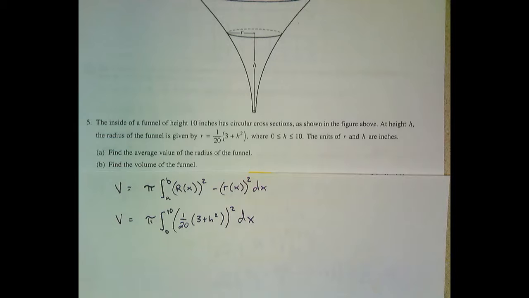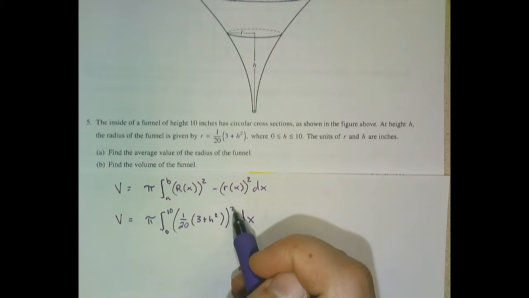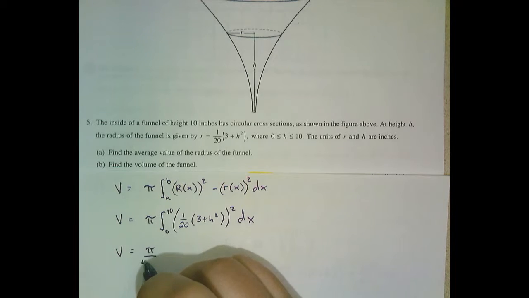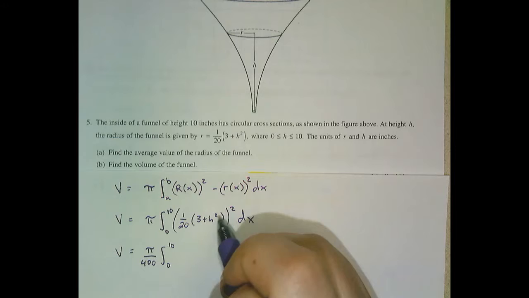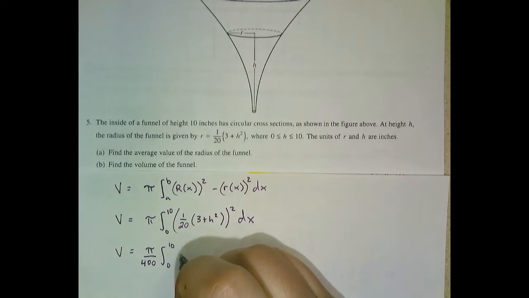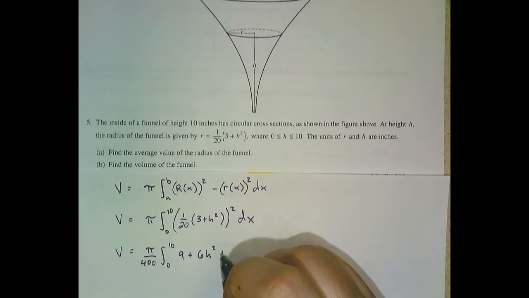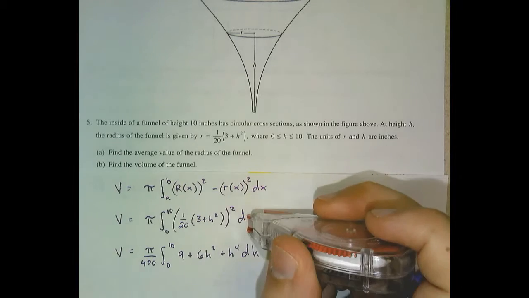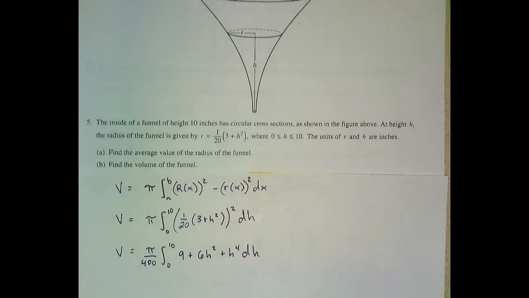Okay, now we have to go about solving this antiderivative by hand. So if I take the 1/20 and square it, I'm going to get 1/400. So I'm going to pull that 400 to the front. And then I'm going to square the 3 plus h squared, which gives me 9 plus 6h squared plus h to the fourth. And this is what I am integrating with respect to h. Fix that mistake there.